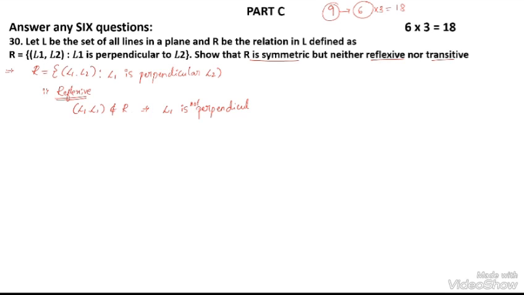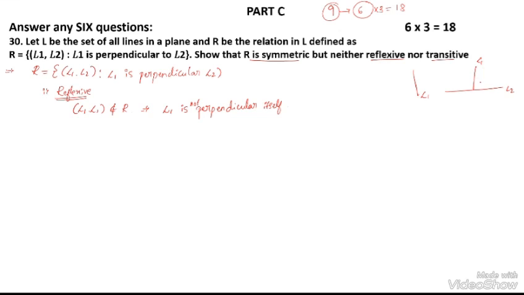Every single line is not perpendicular to itself, because for perpendicularity to exist, there must be two lines, this is L1 and L2.